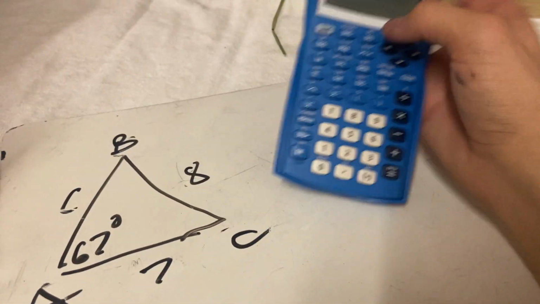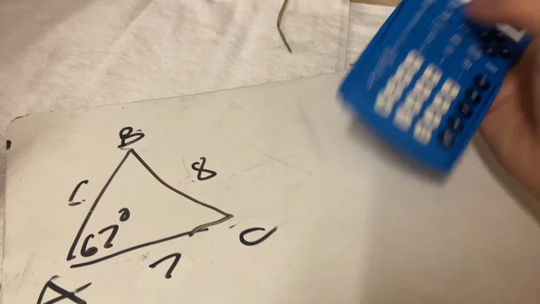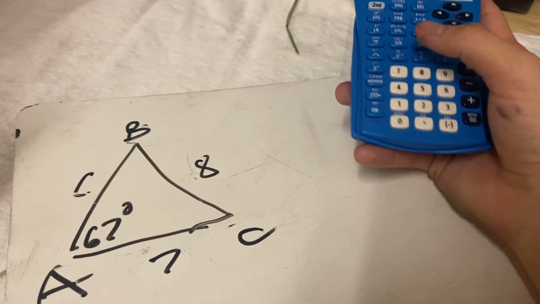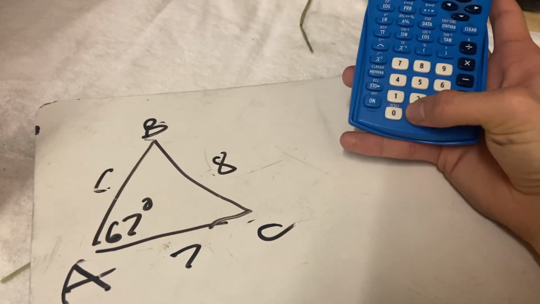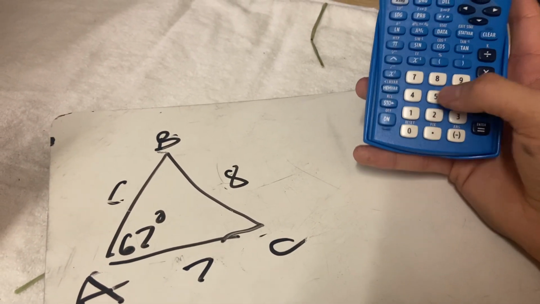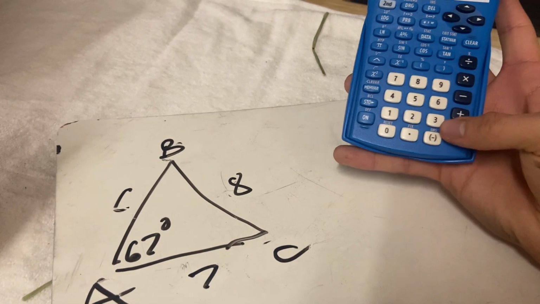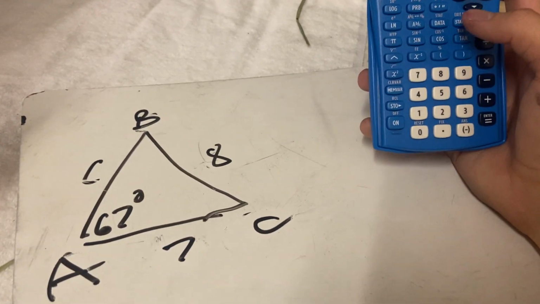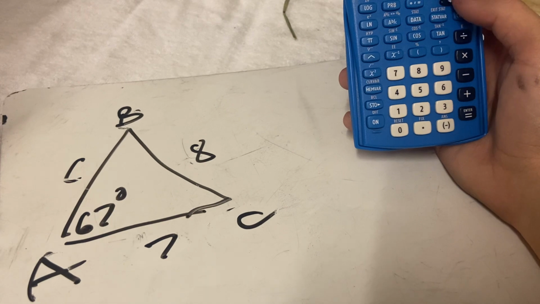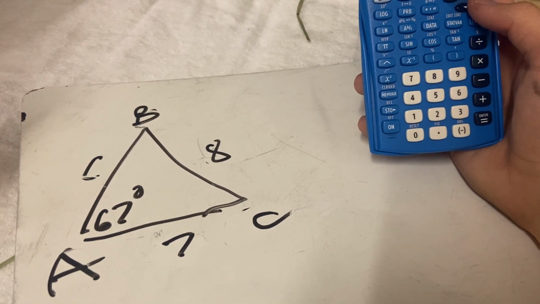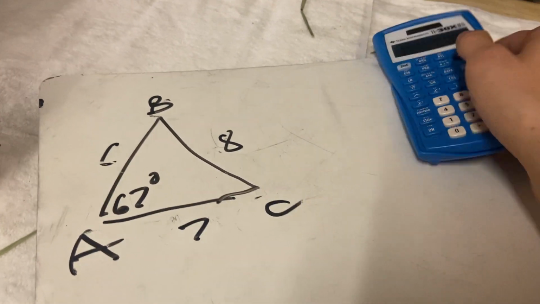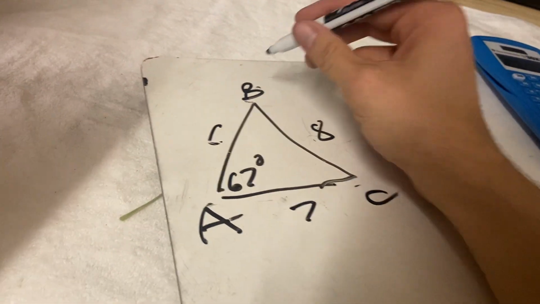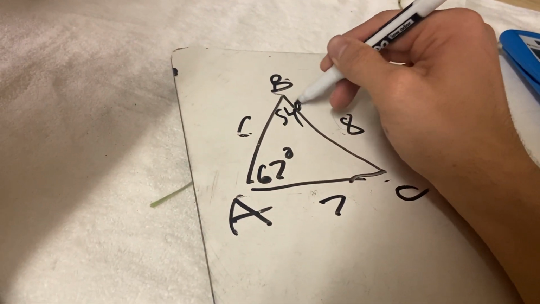You want to plug in 0.805, equals 53.6, or you can round it and just say 54, and then B would just be 54.